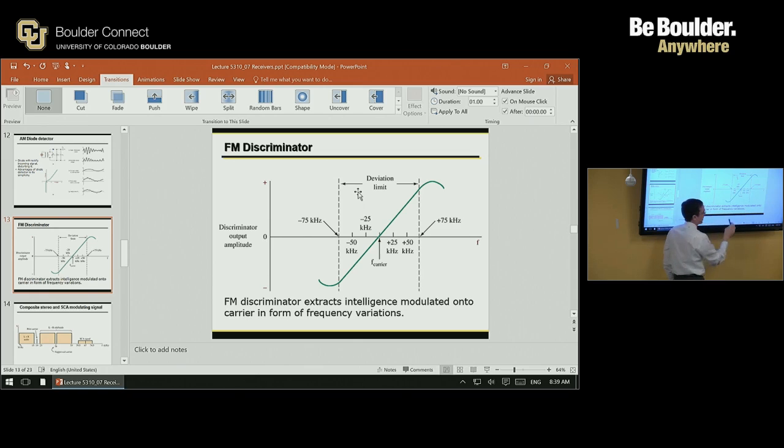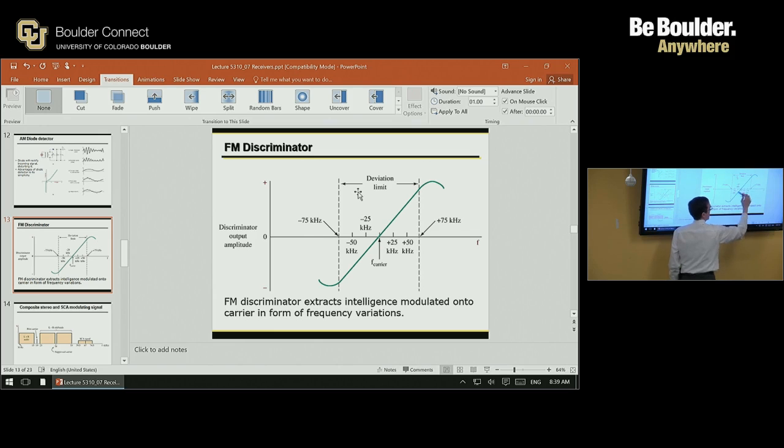If I speak softly, it'll just go up and down around the carrier. So if I'm speaking loudly and going all the way up and down, then the voltage that comes out of my detector is going to be larger. That corresponds to the amplitude of the original signal. And then the frequency of the original signal varies.